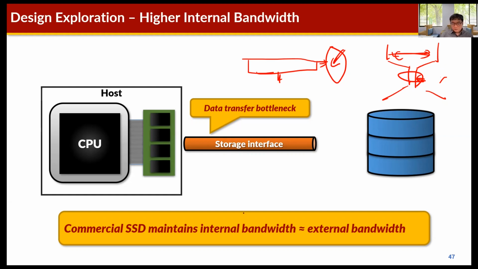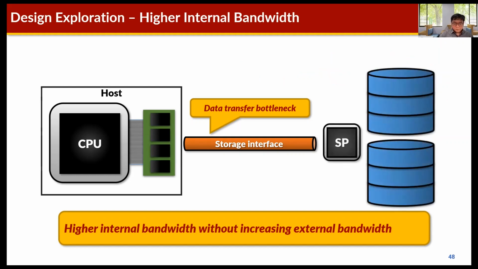So usually when the SSD is designed, the internal bandwidth is similar to the external bandwidth of the storage interfaces. But we can apply the high internal bandwidth because the data can be processed by the SSD processor, and when NDP is applied, we can reduce the size of the data.